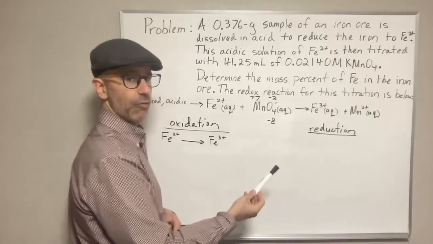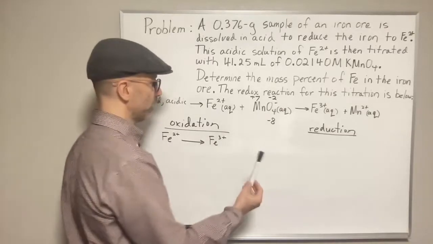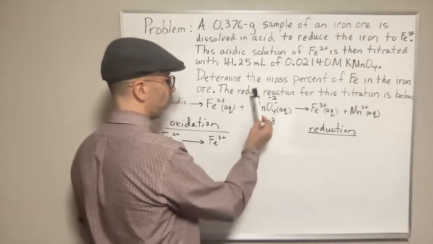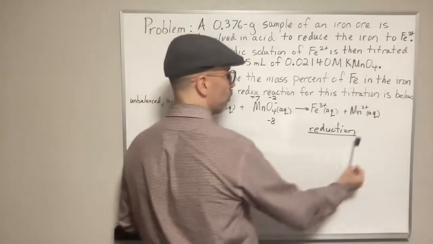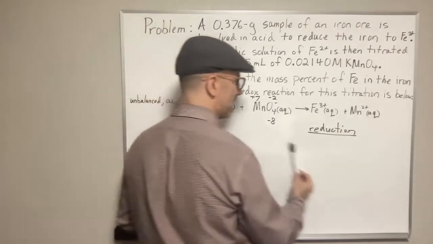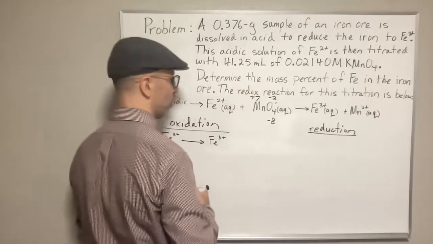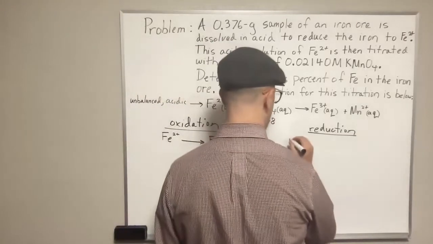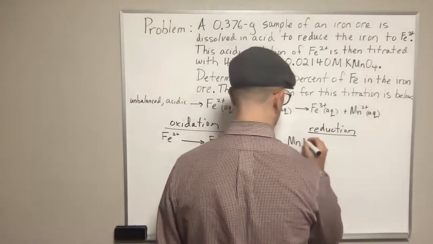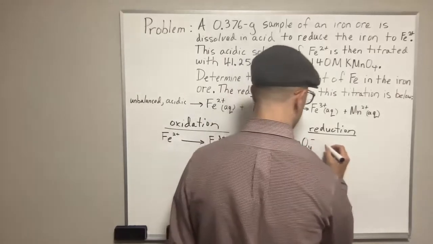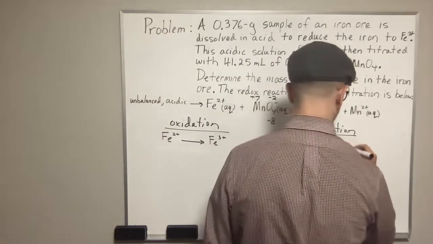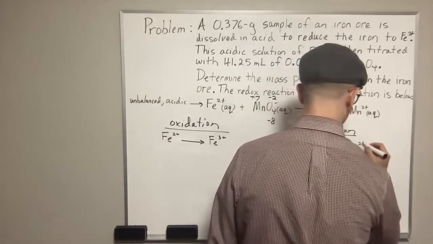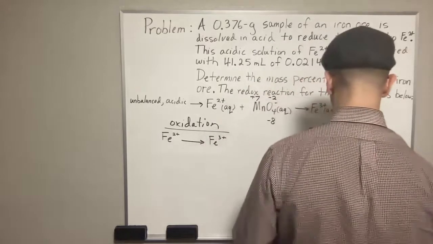Here we're going from +7 to +2. So it's becoming less positive, which means that it's undergoing reduction. We're going to write our half reaction: MnO4- goes to Mn2+.